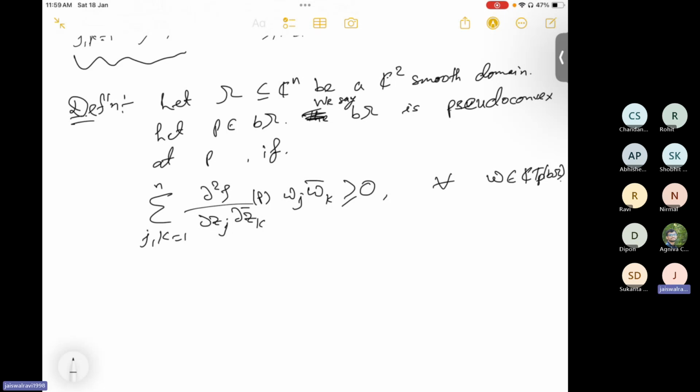Similarly, as we define for convexity, we can have strong convexity.